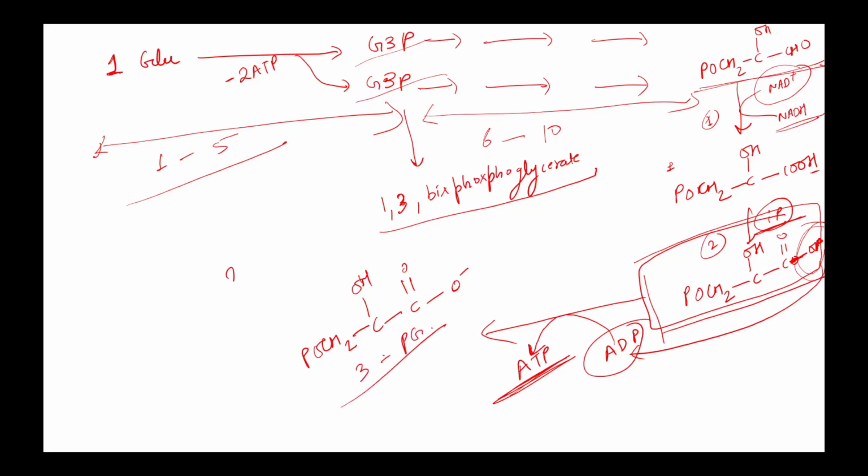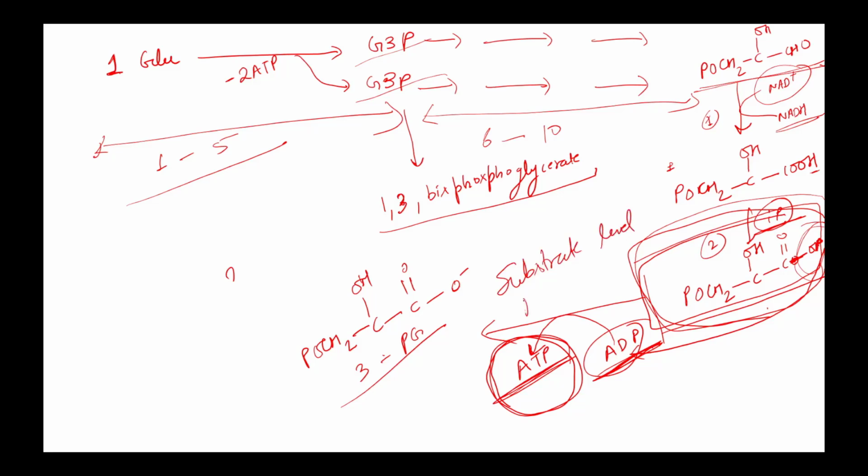3-phosphoglycerate. Here we get one ATP, and this ATP we are getting after phosphorylating ADP, and this phosphorylation we are doing using the substrate of the reaction. So this particular reaction is called substrate level phosphorylation.